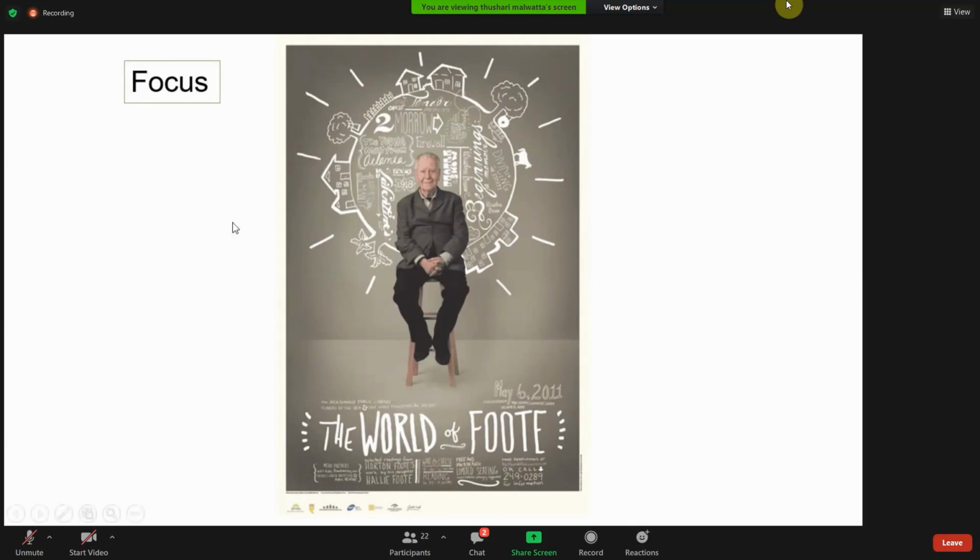Here, it's about focus, that the old man has become the focal element in the graphic, and that's the only realistic image they have used in the poster. The other doodles are all surrounded.